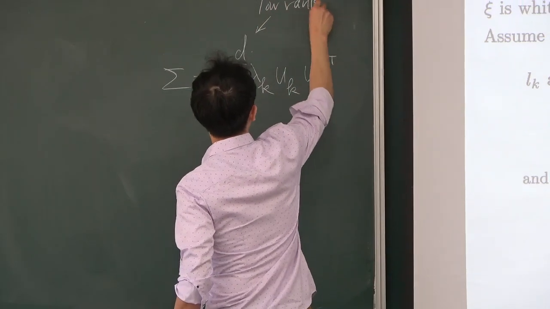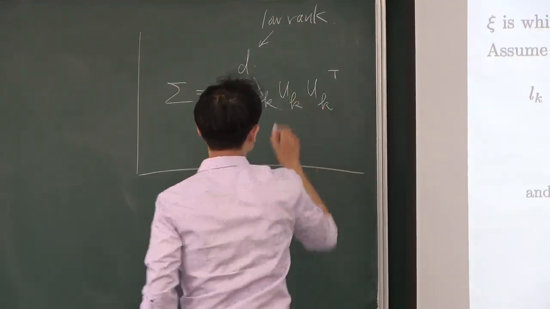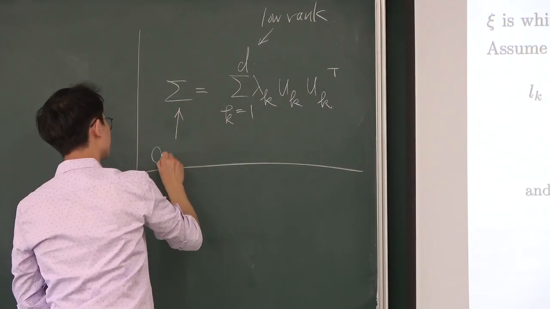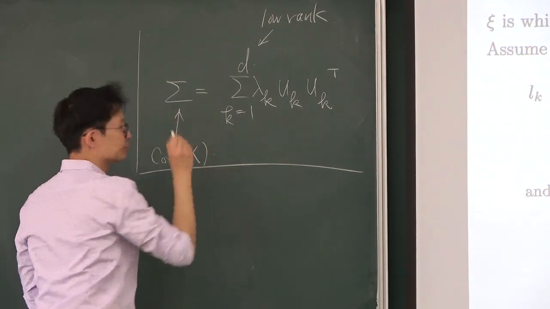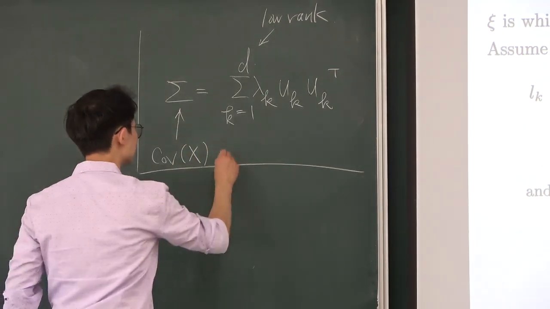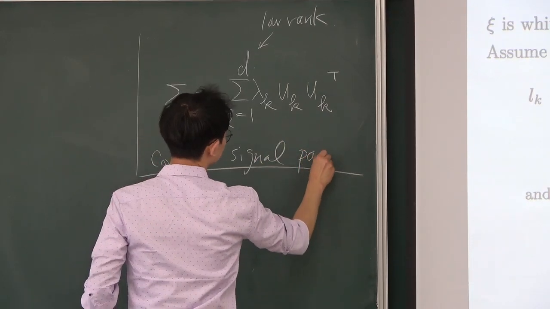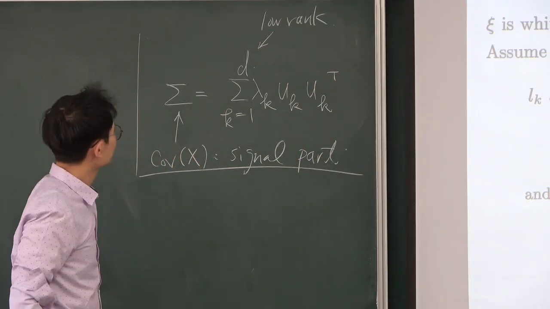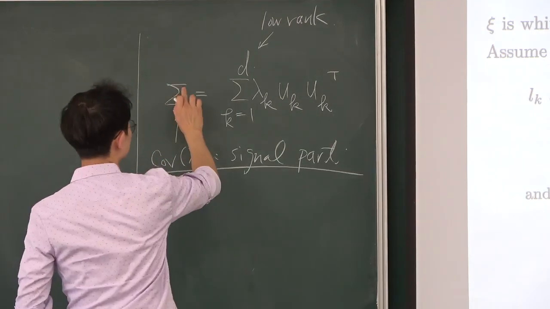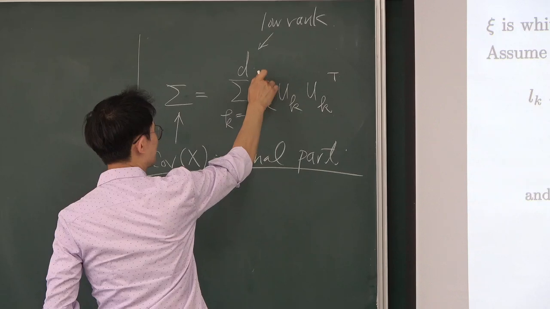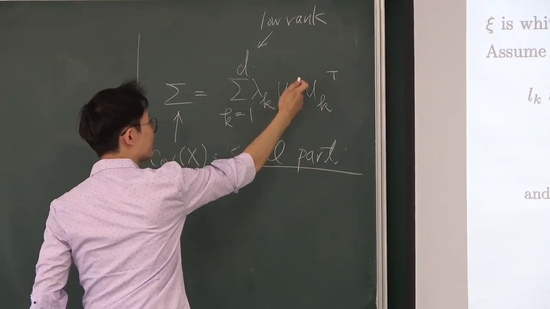Okay, I forgot to introduce this notation. That is sigma, the covariance of X, which we view as the signal part. In this setup, suppose sigma has this eigenvalue decomposition.